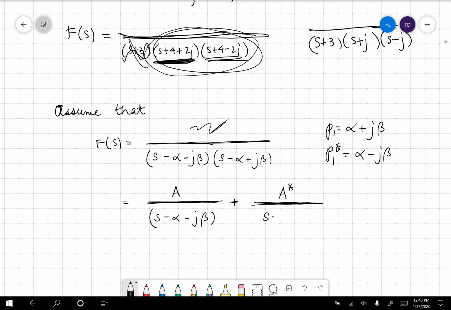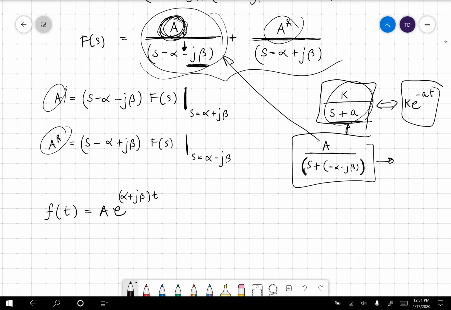I have this, there's its inverse. I want this. This looks just like this. What's its inverse? It'll be A e to the alpha plus j beta times t. Well done, Jack. A e to the alpha plus j beta times t.